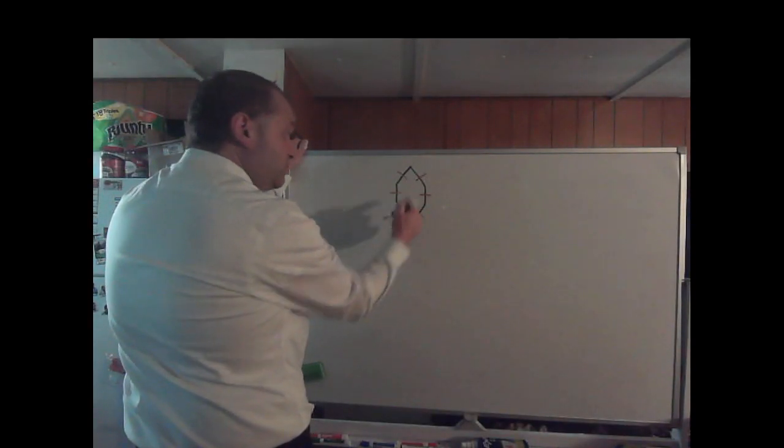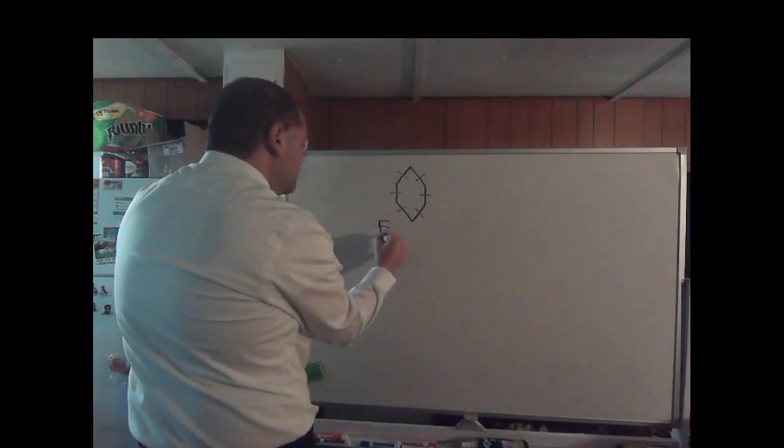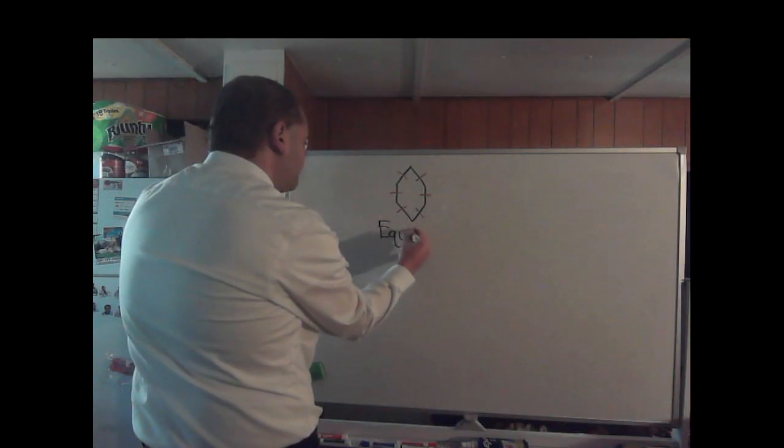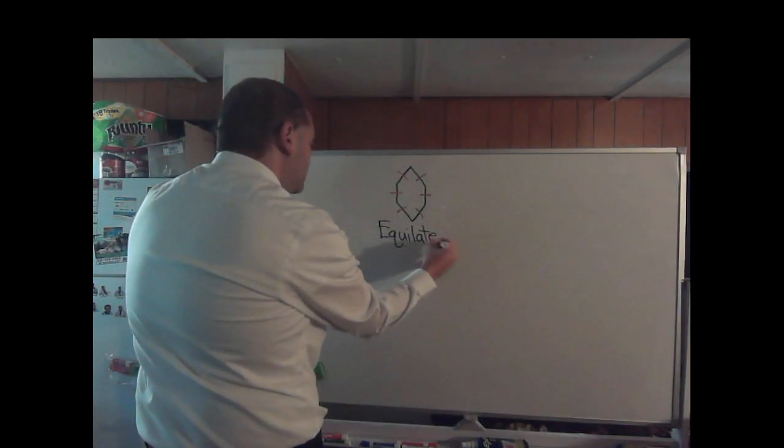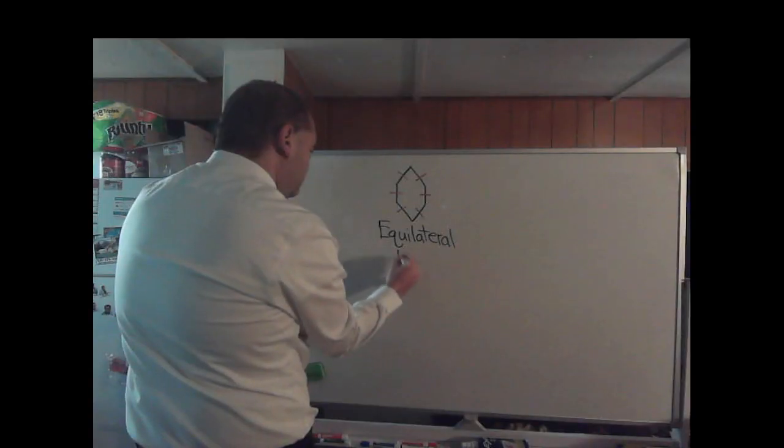We don't know if this one's equiangular. We sure know this one's equilateral. This one is an equilateral polygon.